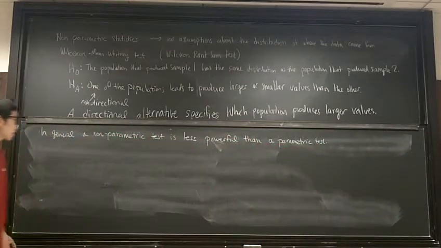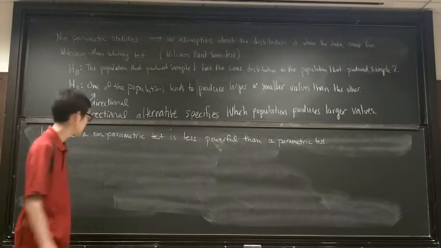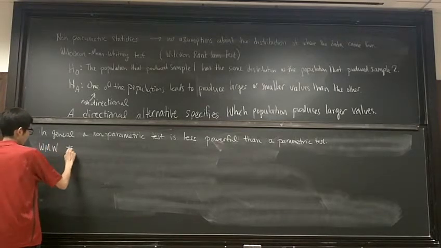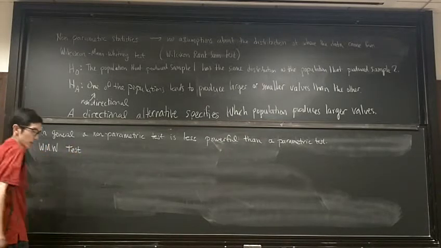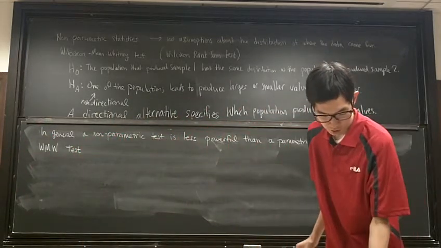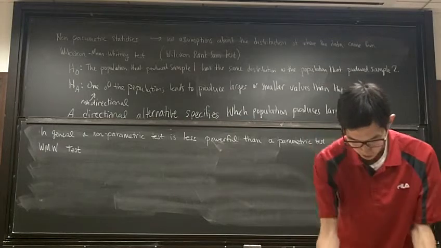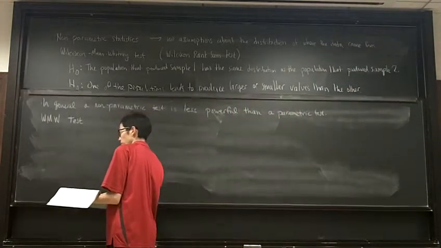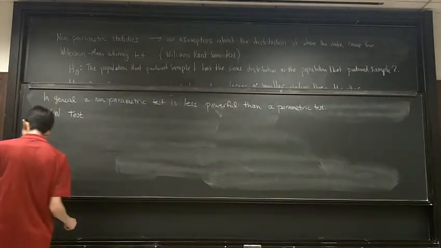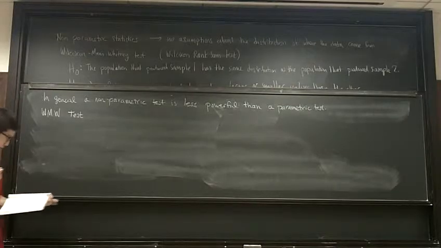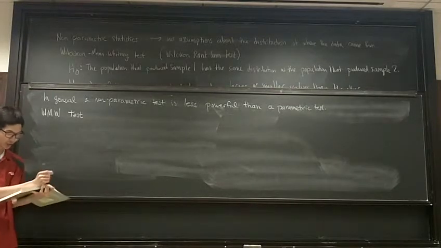All right, so let's talk about how to do the Wilcoxon-Mann-Whitney test. I'm just going to use the data that the book puts here. So we go to the forest and somehow we are going to measure soil respiration.